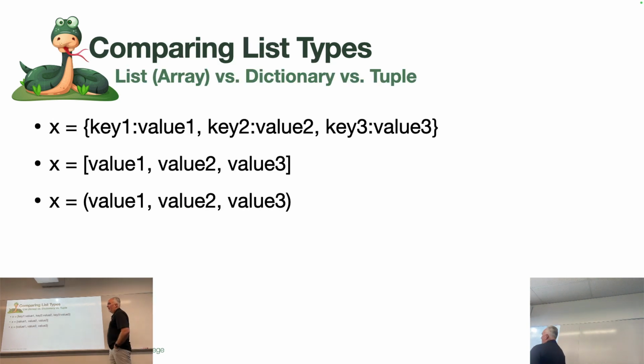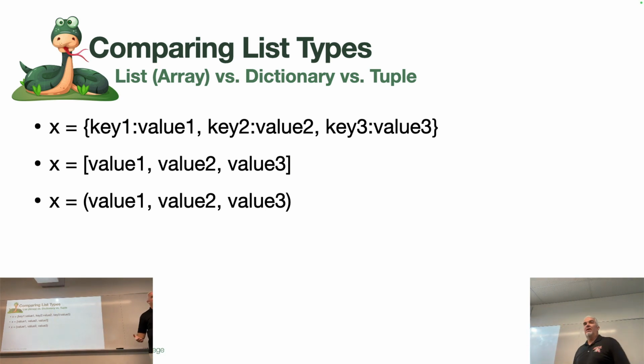So the easiest way to recognize them is to look at the difference in how they're presented. This is a dictionary. Obviously, it has the key value pairs and also the curly braces, aka the mustaches. The list has square brackets when it's defined, and the tuple is in parentheses.